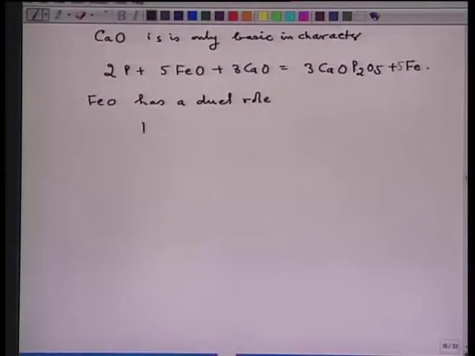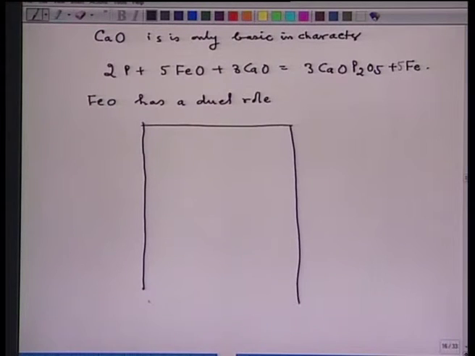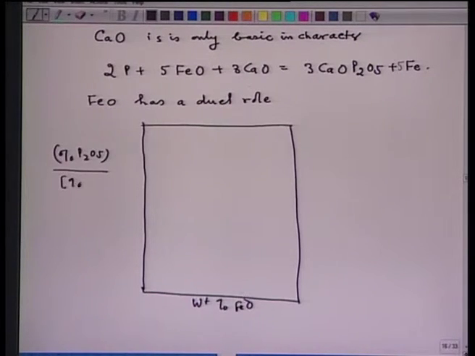Now, this effect is illustrated in the following figure. If I plot wt% FeO against percentage P2O5 in slag upon percentage phosphorus in metal, that is the index of dephosphorization or coefficient of partition of phosphorus between slag and metal, whichever way you want to call it.